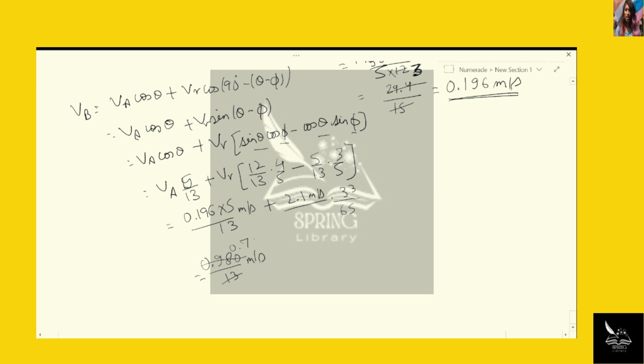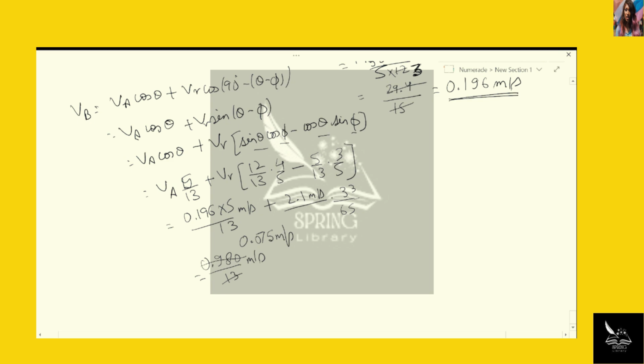Let's divide this again: 13 sevens are 91, so 7 is the remainder, so 70, then 13 fives are 65, so this will be 0.75, and then you are left with a remainder. So we'll just leave it here, 0.75 meter per second.